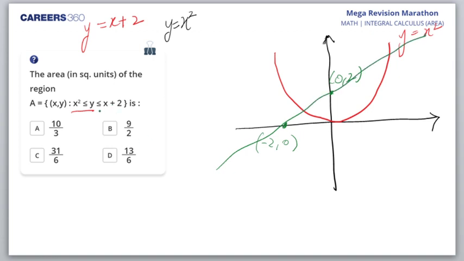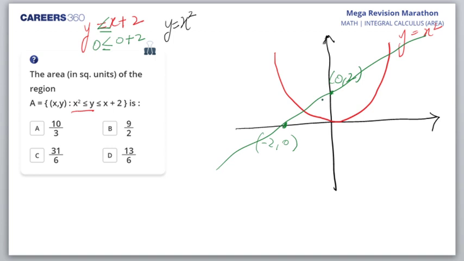Now I want x plus 2 to be greater than or equal to y. So if I put 0, 0, I'll get 0 is greater than or equal to 0 plus 2. So that means 0, 0 satisfies this region. Yes, Aditya, good morning.